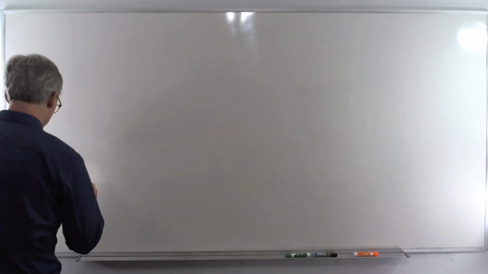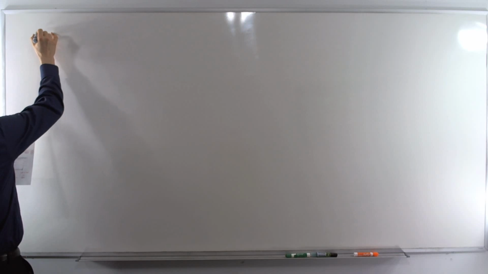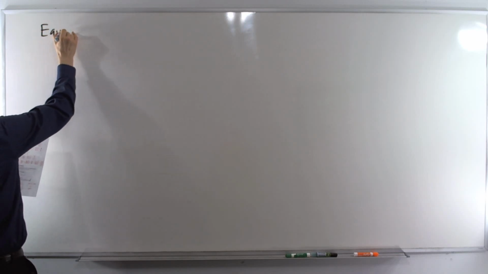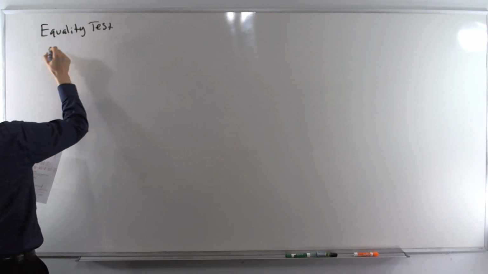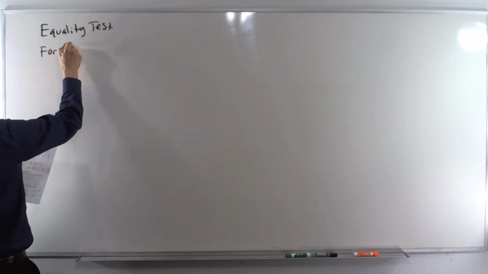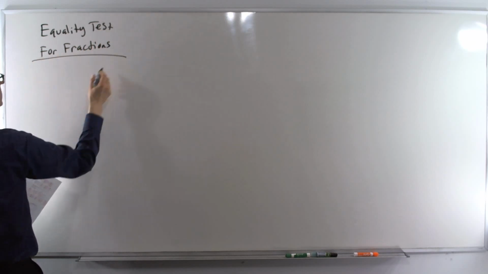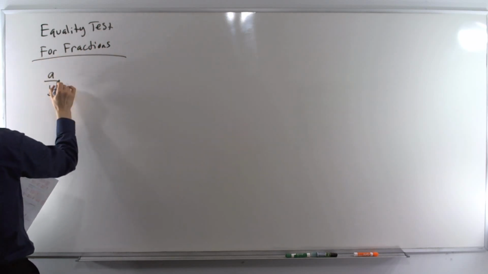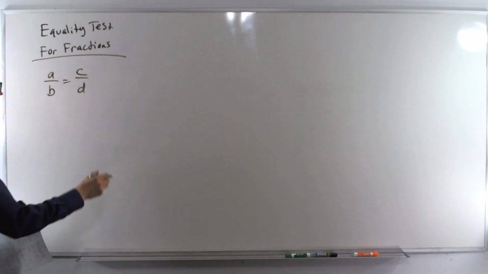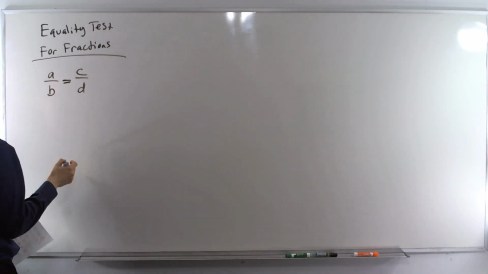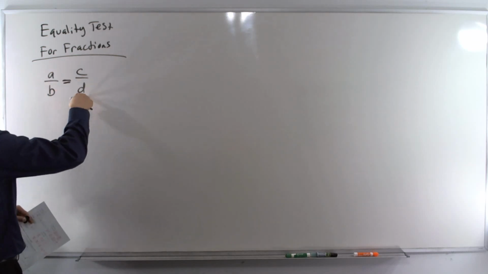The equality test for fractions. If we have two fractions that are equal to each other, all right, A over B equals C over D, two equal fractions, then we know that this implies that we can cross multiply.